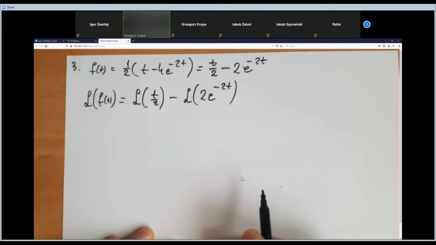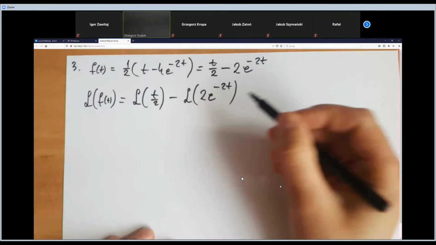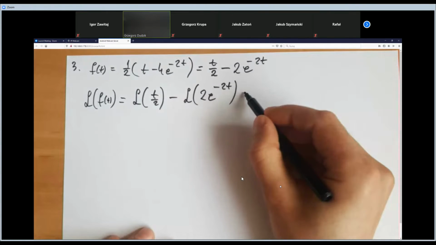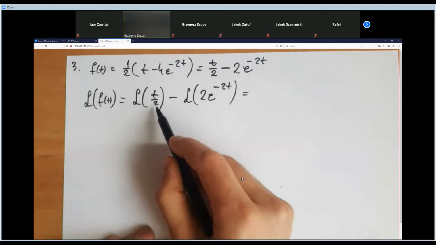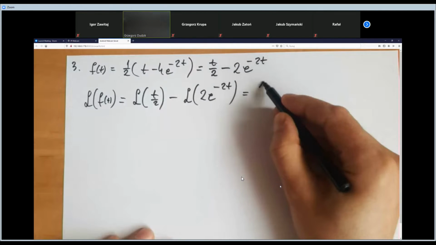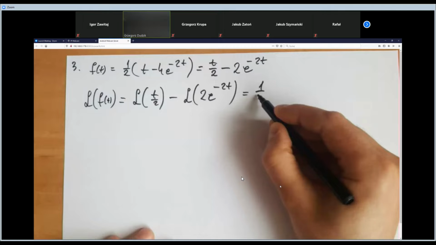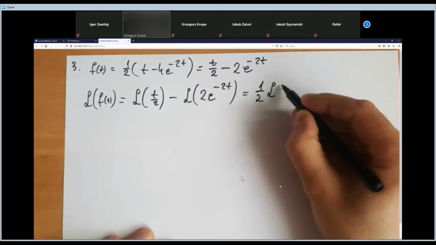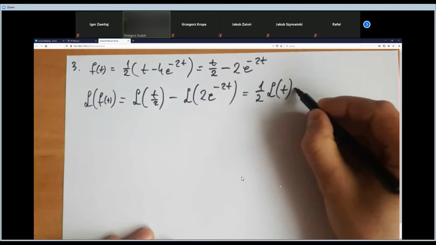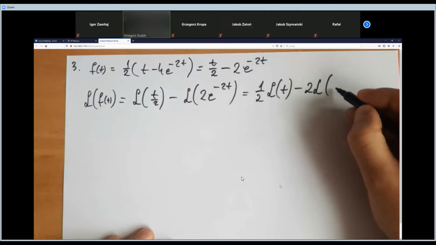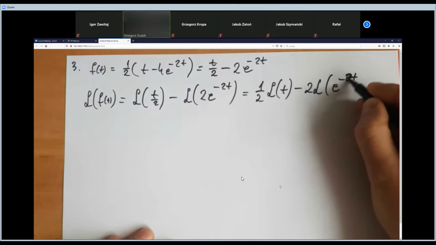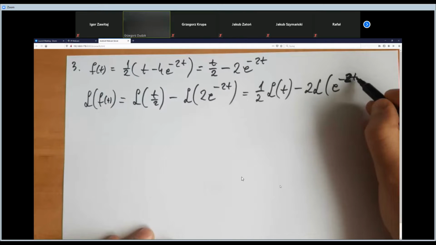It is not so hard. We've got the 1 over 2, the constant value, so it goes before the Laplace transform, minus, and 2 goes before it also. Oh, sorry, it is 2t.